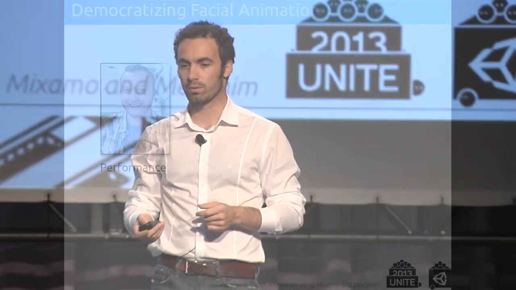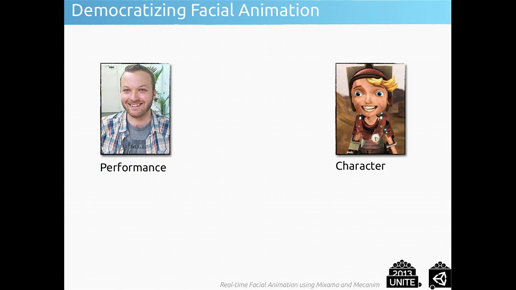So we have basically the performer, we have a character, what was the shortest path? We discovered that the super short path was actually not working, in the sense that the performance of a human doesn't transfer perfectly onto the performance of a character all the time. Because characters have massive exaggerations, and they may have a different mouth, a different anatomical, morphological shape than a human.